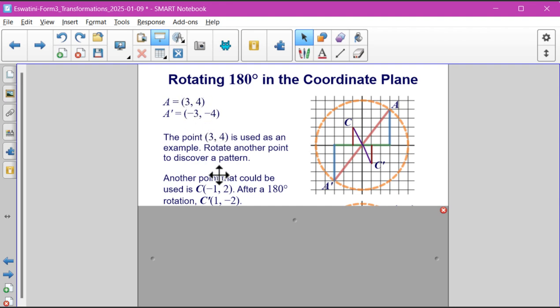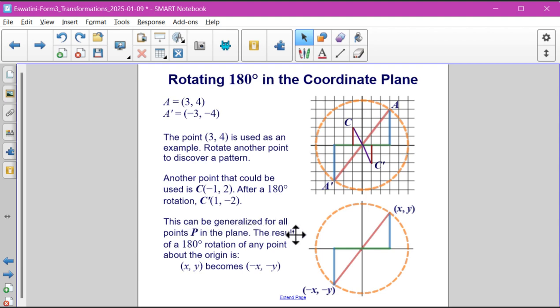So the digits remain the same, but their signs change. Like it went from positive to negative, and this one it went from negative to positive, positive to negative. So it appears that a 180-degree rotation keeps the numbers, or the values in the x and y position, the same, but their signs change.